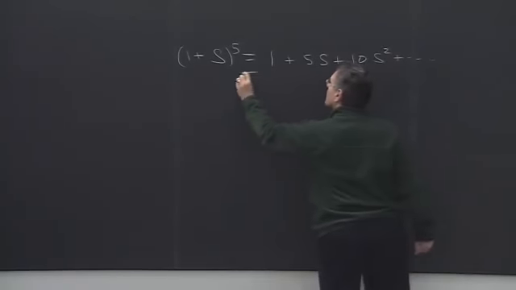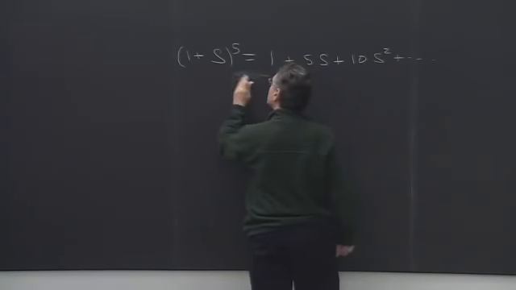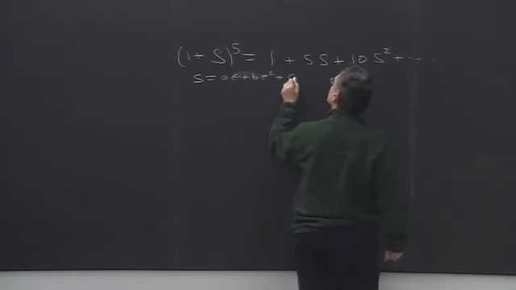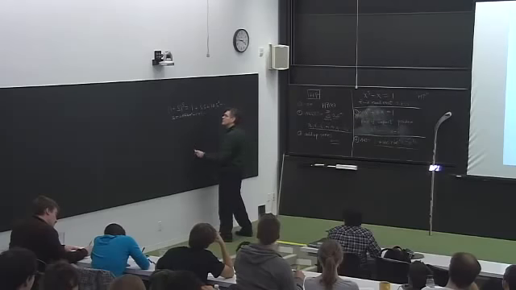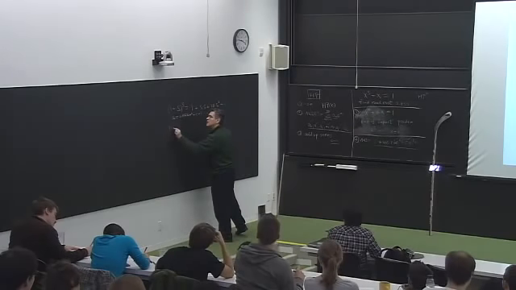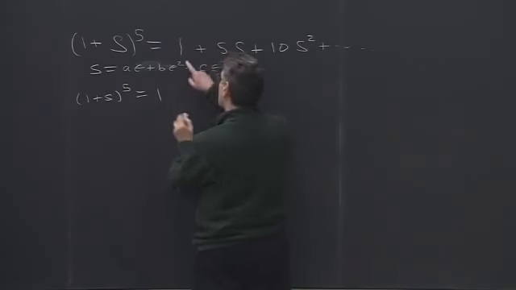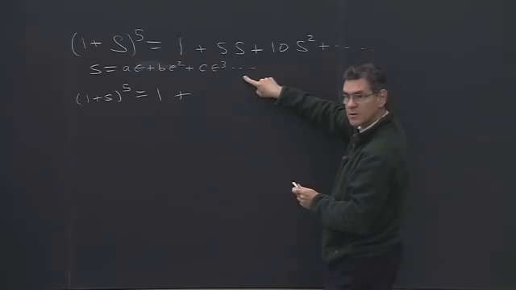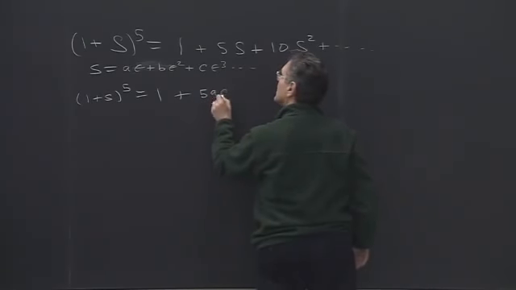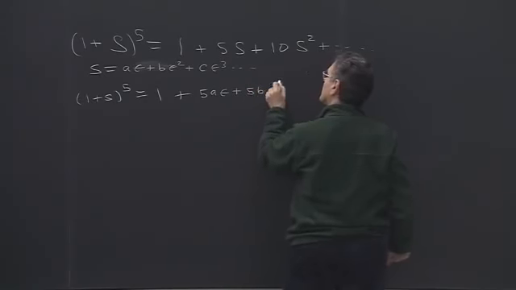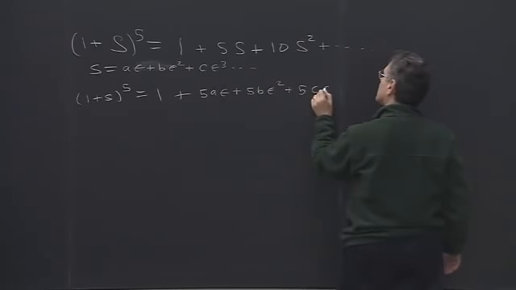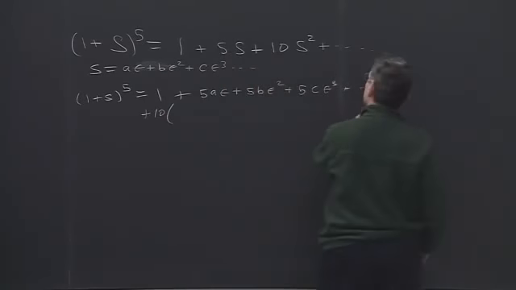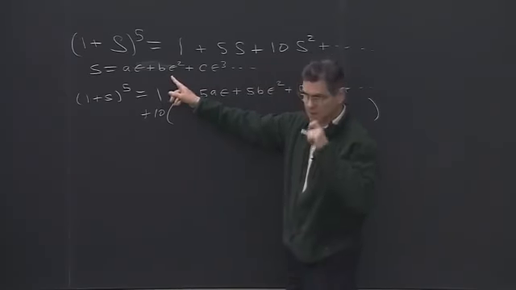Okay, so if this something is A epsilon plus B epsilon squared plus C epsilon cubed, and so on, then 1 plus that something to the 5th power is 1 plus 5 times all of this, which is 5A epsilon plus 5B epsilon squared plus 5C epsilon cubed, and so on. And then we have plus 10 times the square of that.